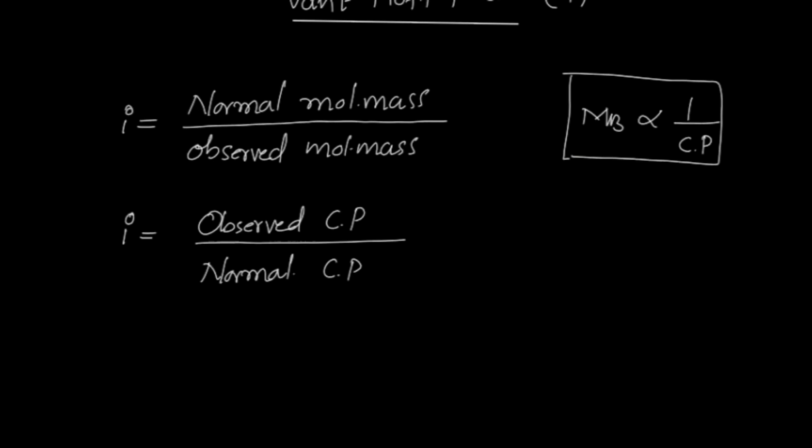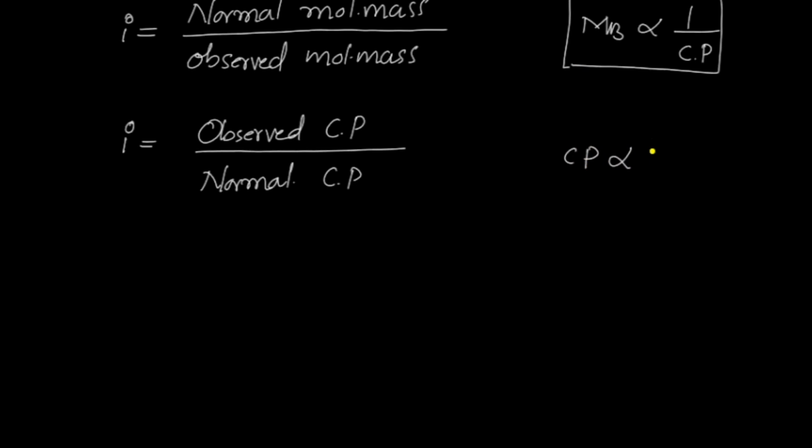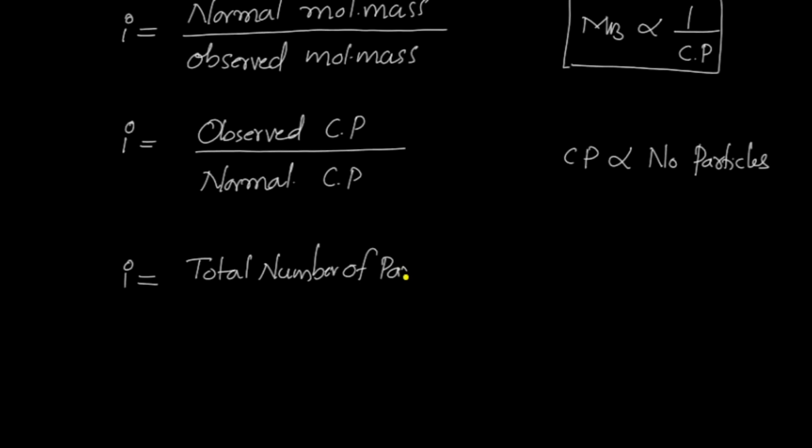The colligative property is dependent upon the number of particles, so we can change this equation and define i as the total number of particles after dissociation or association, where observed means the experimental value.